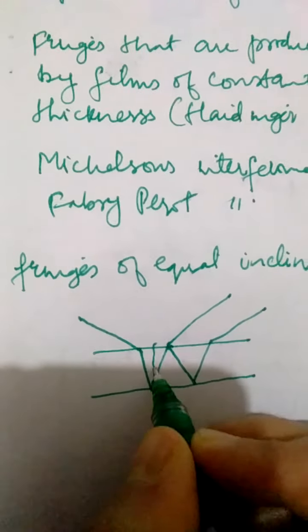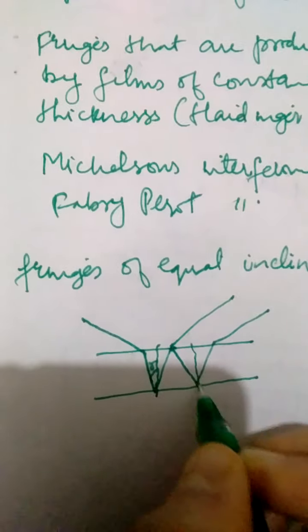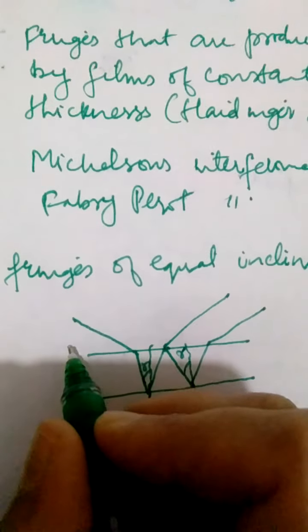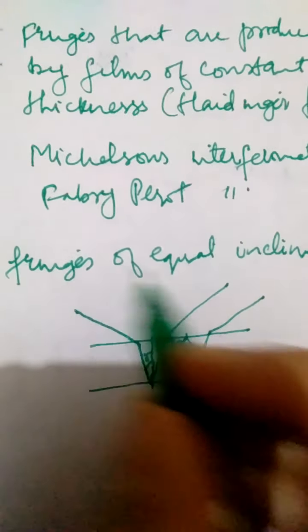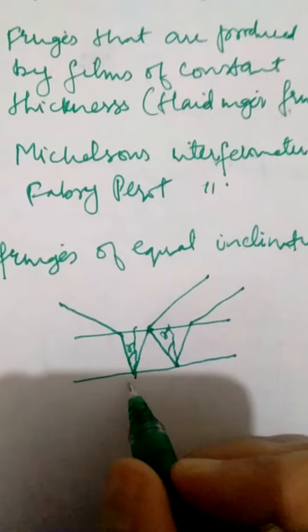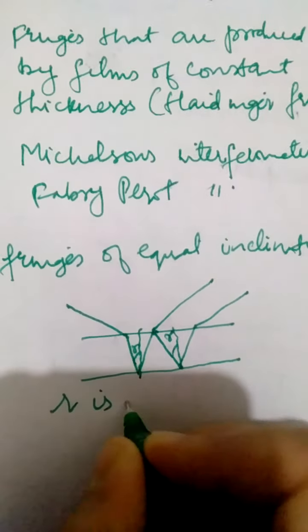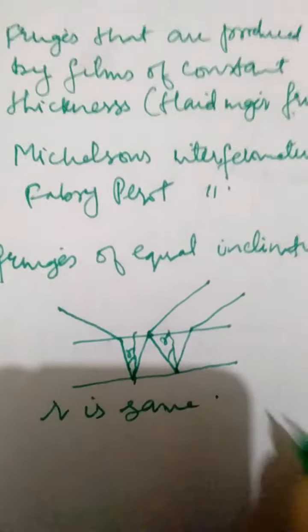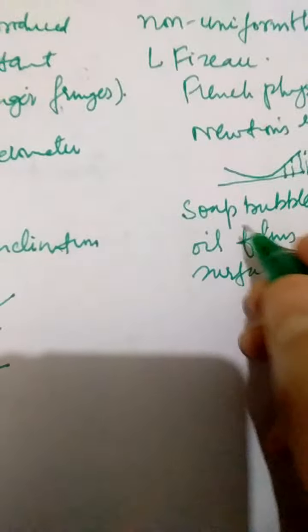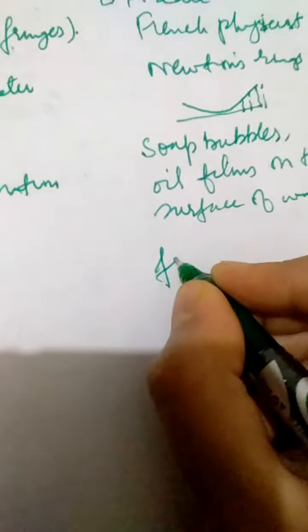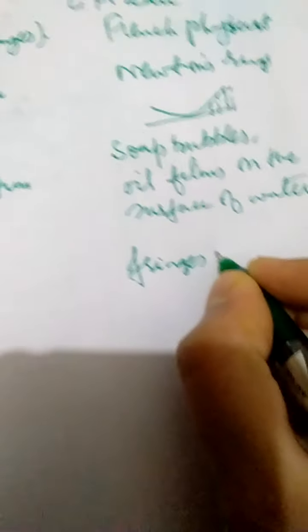Now the angle r, that is the angle of refraction, is the same everywhere, right? So because of this reason, they are called fringes of equal inclination, because r is the same everywhere. And these are called fringes of equal thickness.